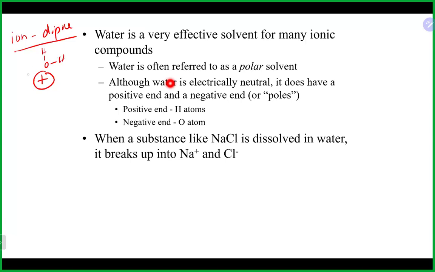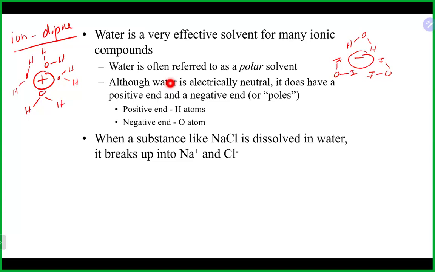So water will start to surround the positive ion through its oxygen, which again is that positive negative attraction. And when we have a negative ion, water works really well for those as well, because water also has a positive side. And the positive side of water is actually attracted to the negative ion. And this is what makes something dissolve in water, this ion dipole interaction, this intermolecular force.